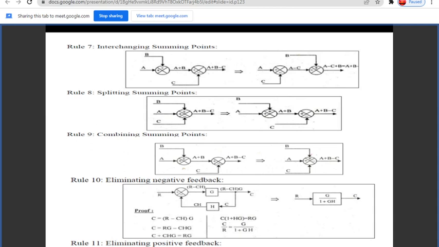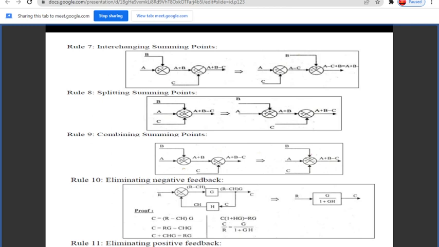Next, for splitting the summing points, the same rule applies: we have to note down the notations, whether positive or negative. We should give the same signs and should not change them. So you can see we have split the summing point.